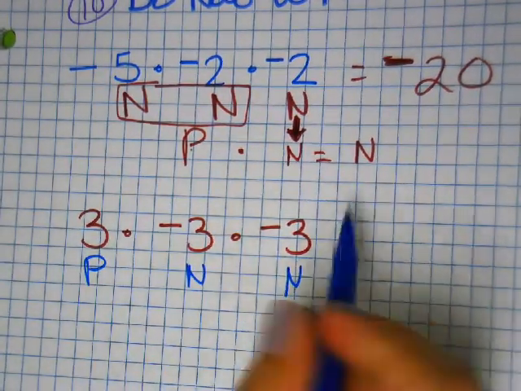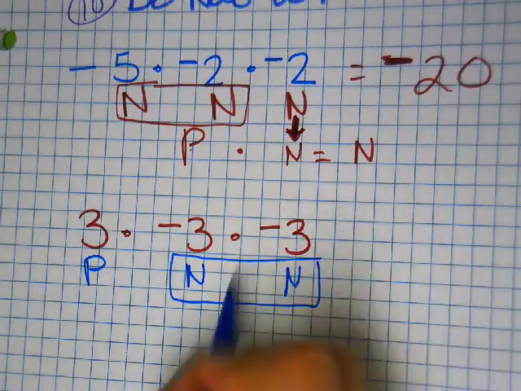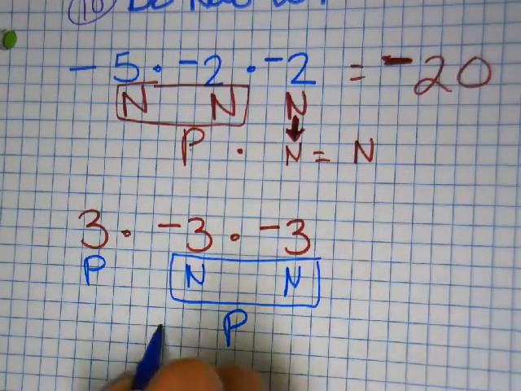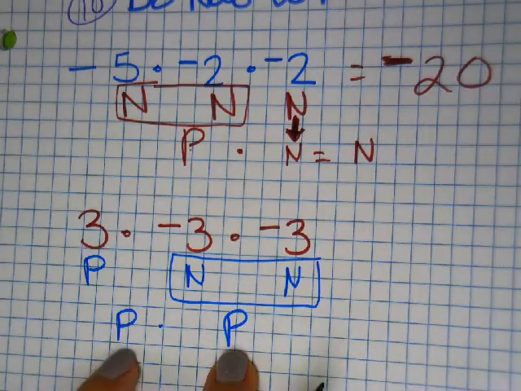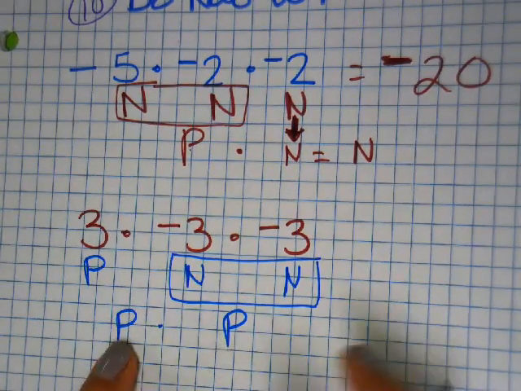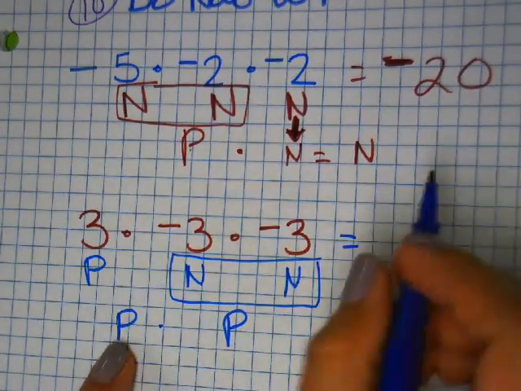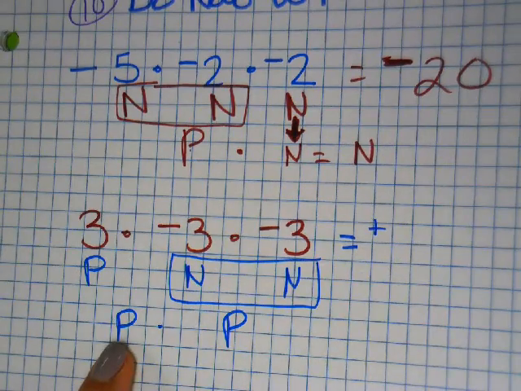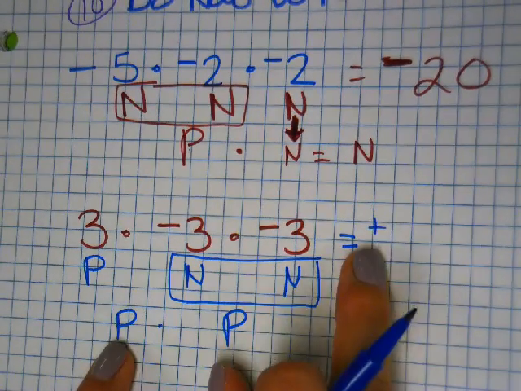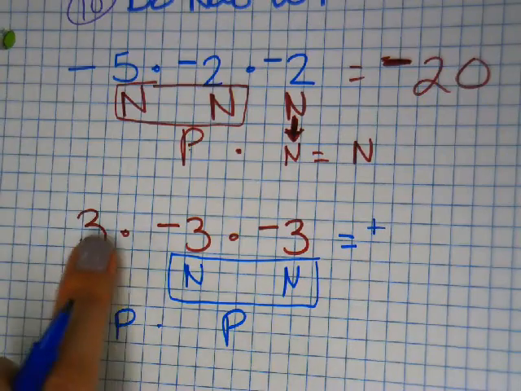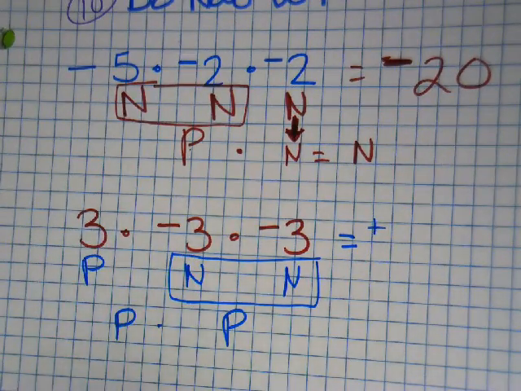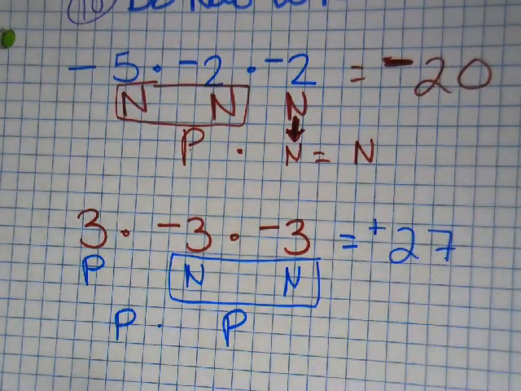What are these two negatives going to give you? A positive times a positive. Are these the same letters or different? Same. So it gives me a positive. All right, now let's do the math. What's 3 times 3? 9. What's 9 times 3? 27. So my answer is positive 27.